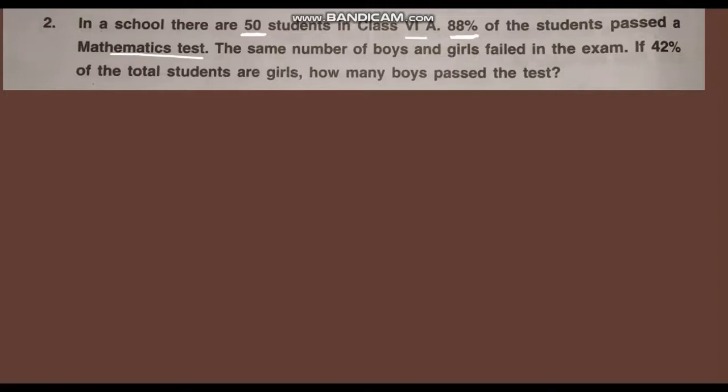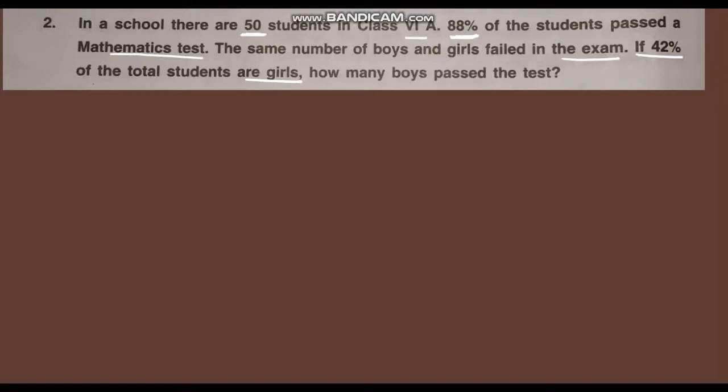Okay, so 88% of the students passed a maths test means if you consider 100 students, then 88 passed maths test. The same number of boys and girls failed in the exam. So, number of girls and number of boys for failing were equal to one another. If 42% of the total students are girls, how many boys passed the test?